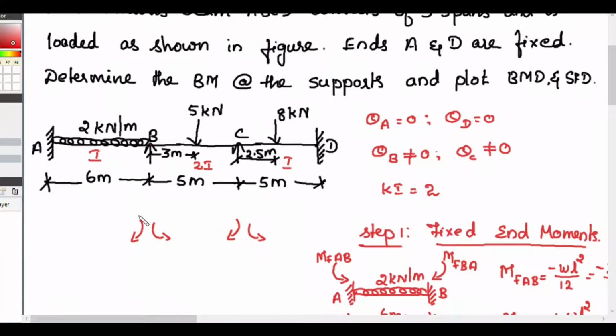At B this is MBA and this moment will be MBC. At C we will have MCB and MCD. So at B one is anti-clockwise and the other is clockwise. At C also one will be clockwise and the other one will be anti-clockwise. So when you take the sum of these two, you will get the total moment equal to 0. That means MBA plus MBC will be equal to 0 and MCB plus MCD will be equal to 0. This is the equilibrium equation of joints.